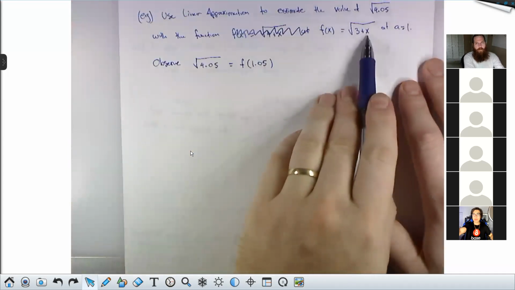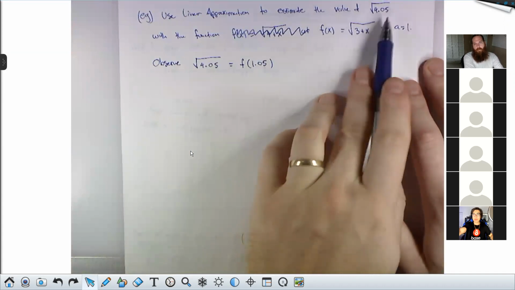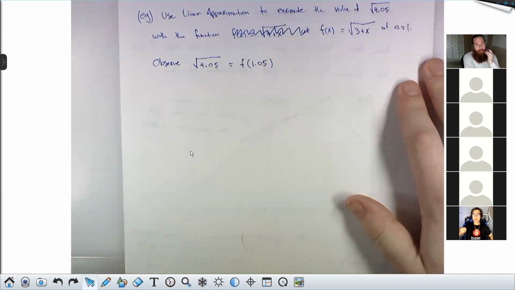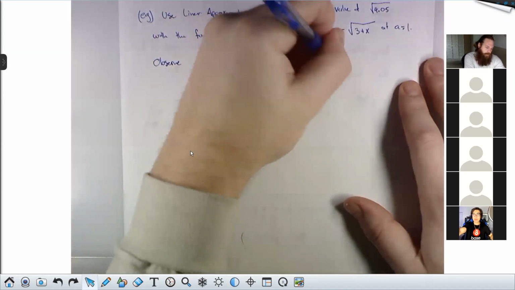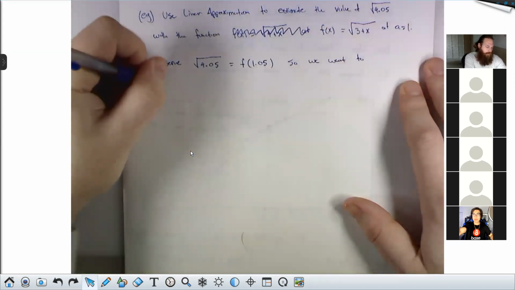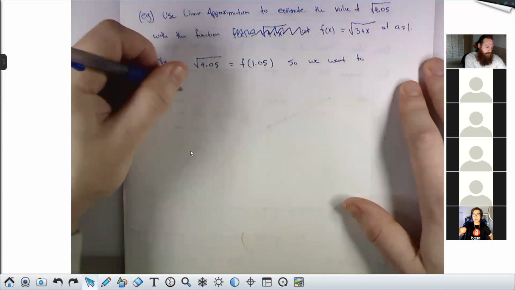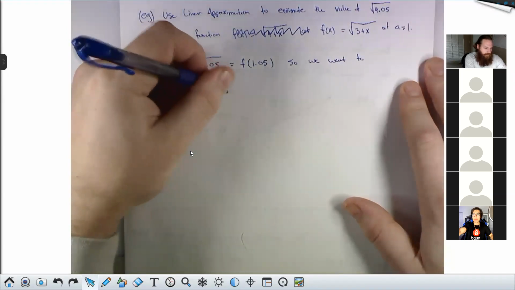Because if you plug in 1.05 for x here, 3 plus 1.05 is 4.05. So we want to approximate f of 1.05.